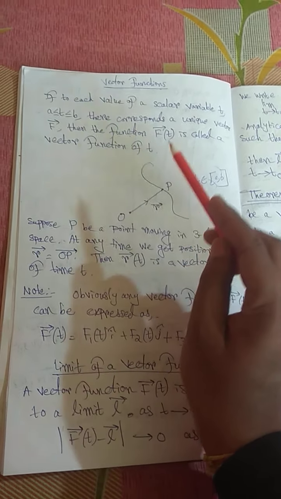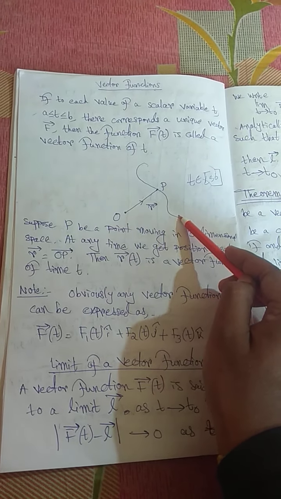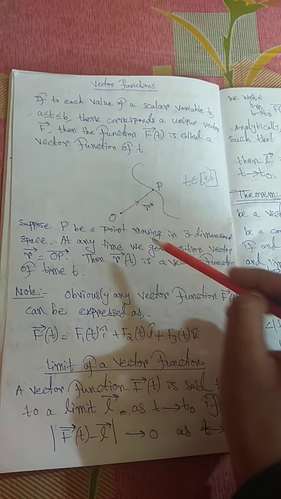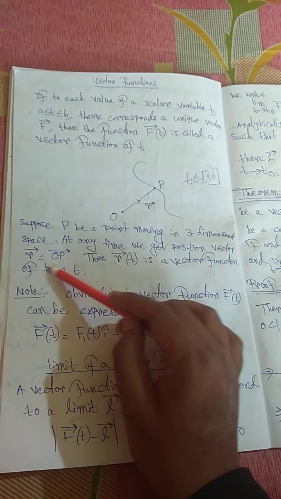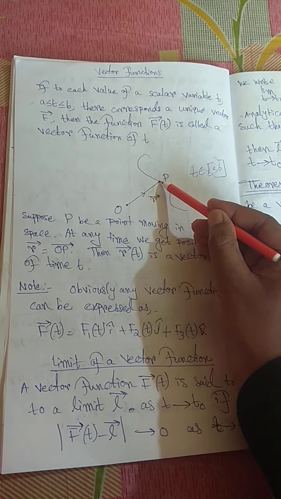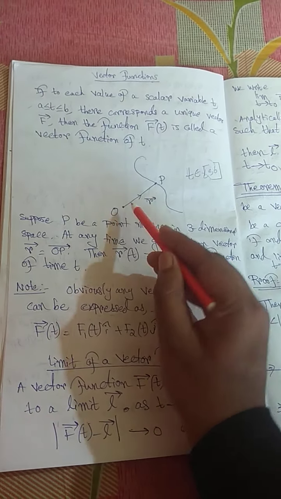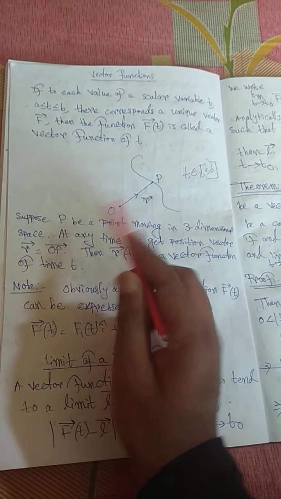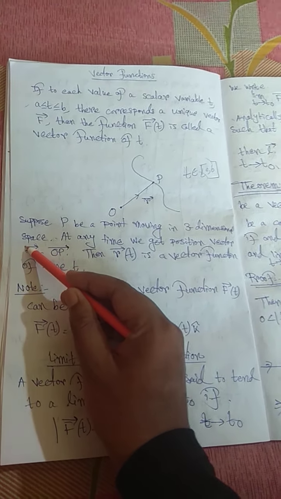At any time t, we get the position vector r equal to OP, which is the distance from O to P. Since this is a vector, we denote it as r.